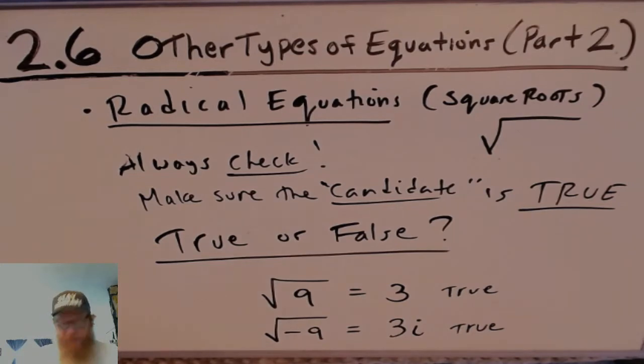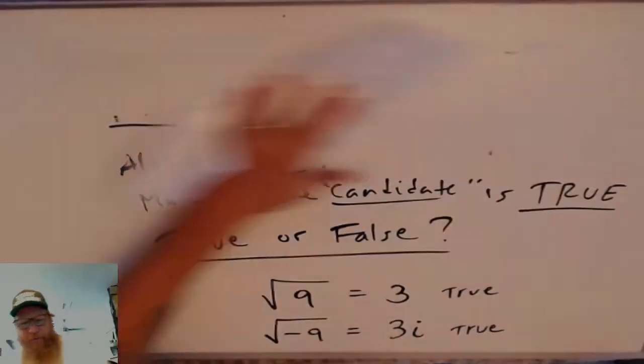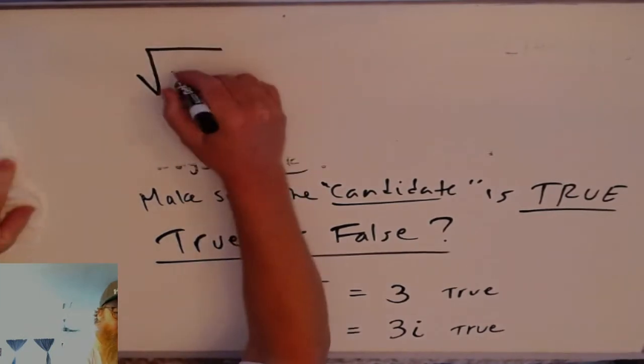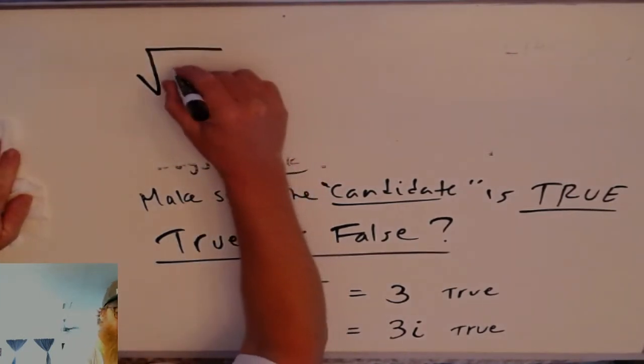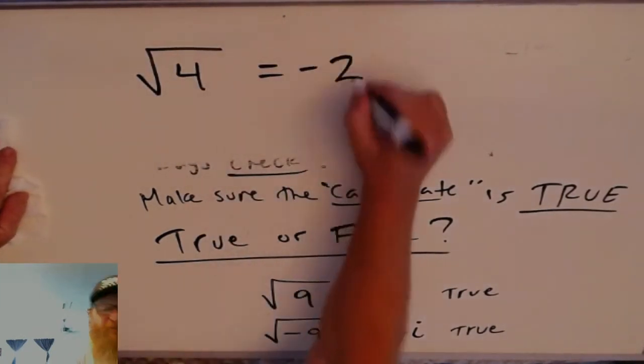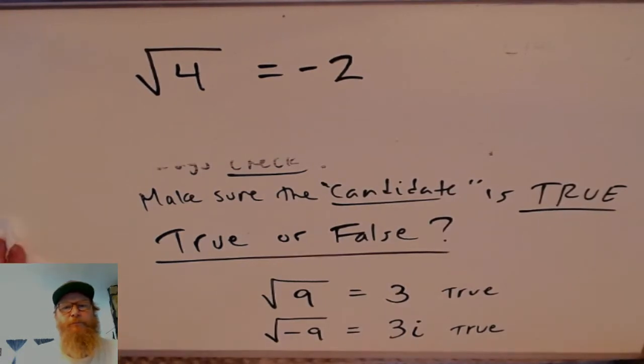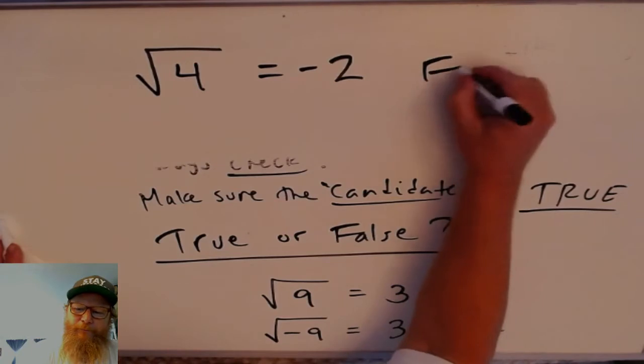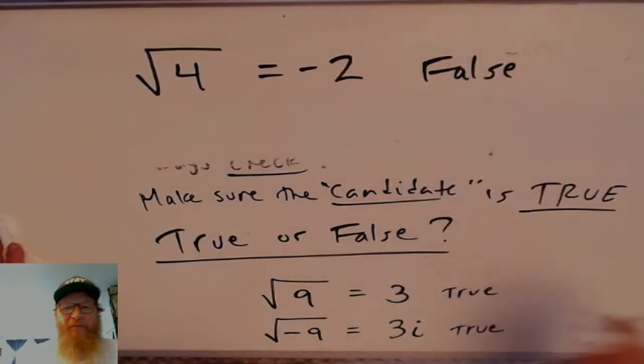How about the square root of 4 is negative 2? That's false.